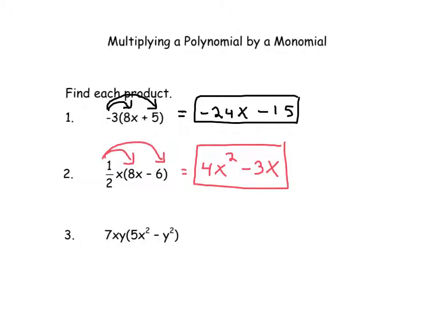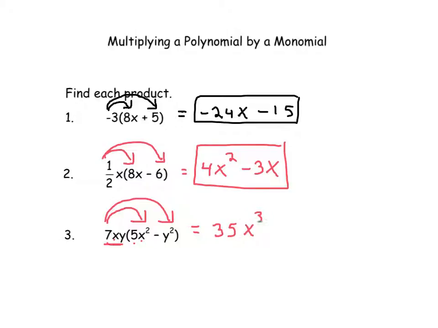For number 3, we're going to take this monomial and multiply it, so we distribute and multiply times each term. So you're going to multiply the coefficients, and then if you have variables that are the same, you have to add the exponents. So 7 times 5 is 35, and then x times x squared is x cubed.